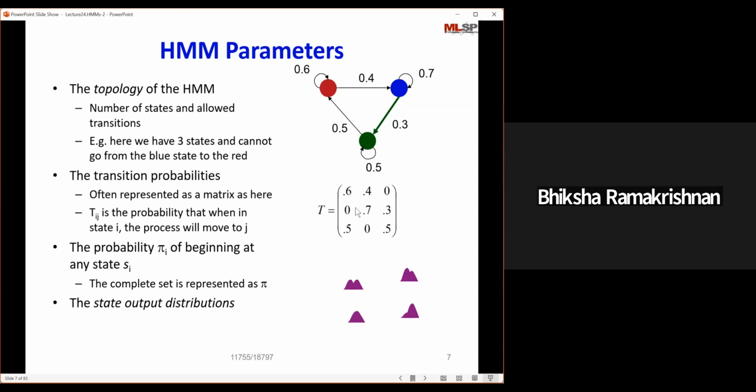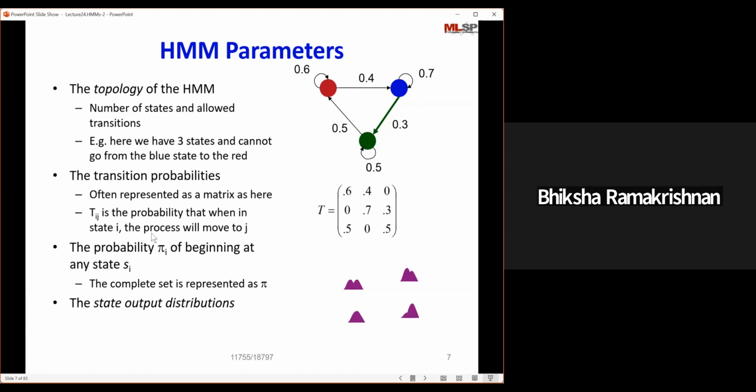So the probability of transitioning to the red state is 0. If you're in the green state, you have a probability of 0.5 of going to the red state. You have no probability of going to the blue state, so this is 0, and a probability of 0.5 of returning to the green state. So the set of all transition probabilities can be represented as a matrix.